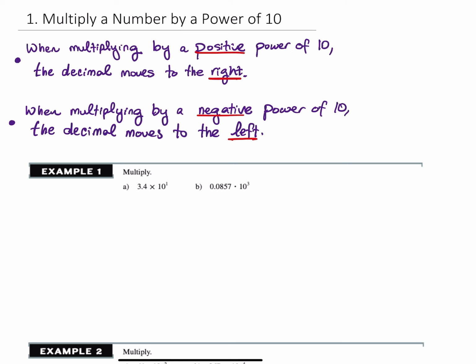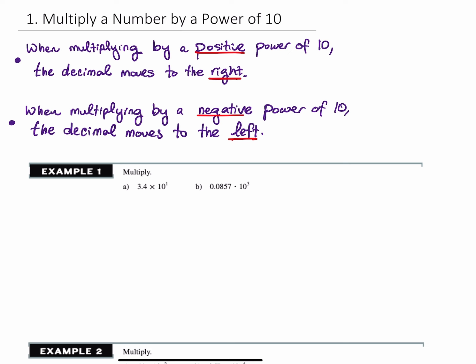We'll see that same kind of action here. To review, if we're multiplying by some positive power of 10, the decimal point moves to the right. If we multiply by some negative power of 10, the decimal point moves to the left. Let's see a few specific examples.